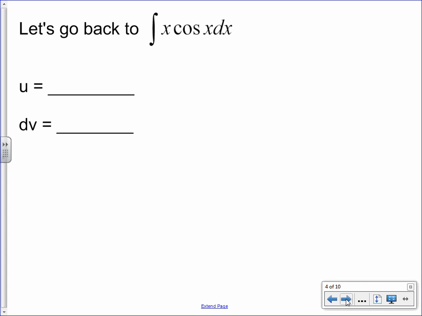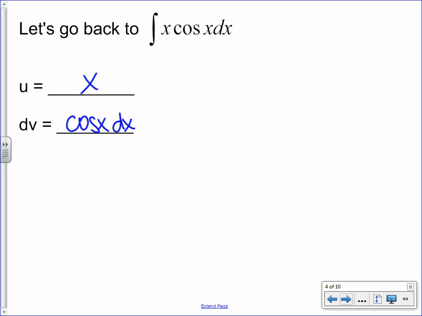So we can let u be x, which means dv would have to be cosine of x dx.